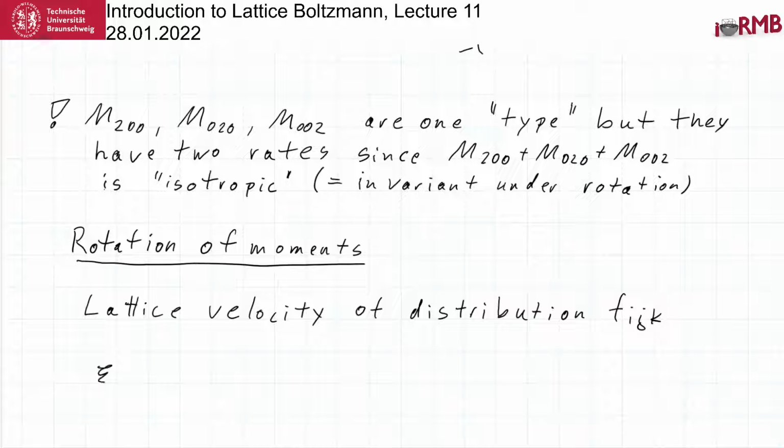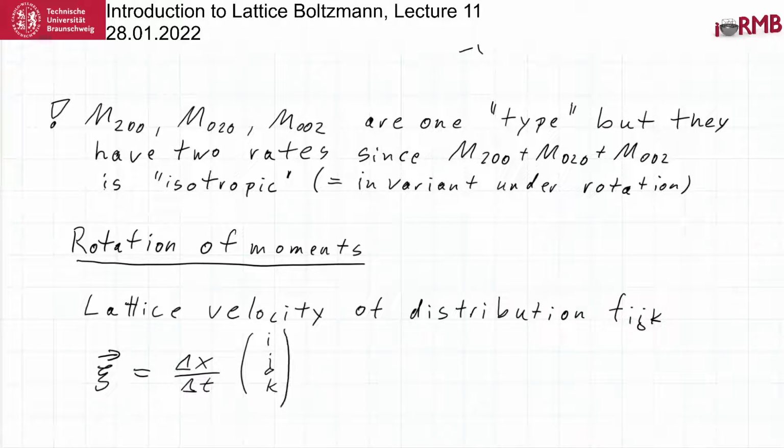Okay, so how does the velocity look like? The microscopic velocity is related to the grid spacing divided by the time step. And this goes into our quantum numbers, the vector of the quantum numbers i, j, k.